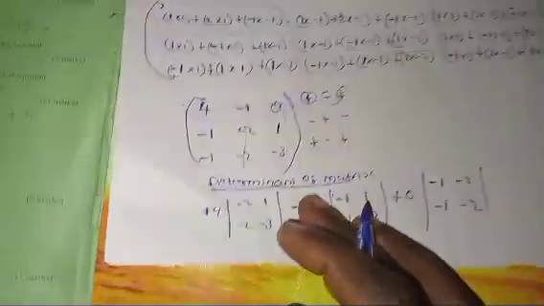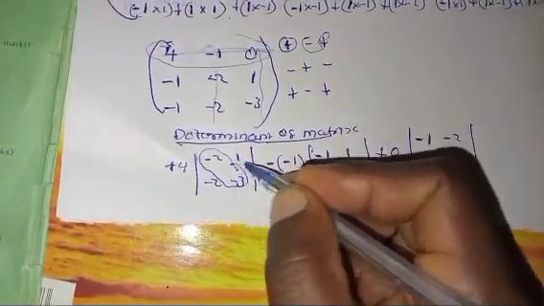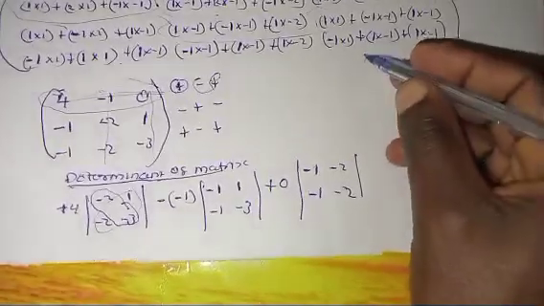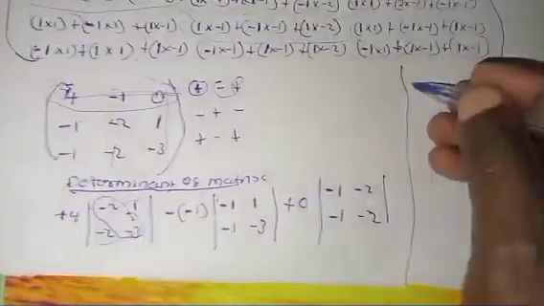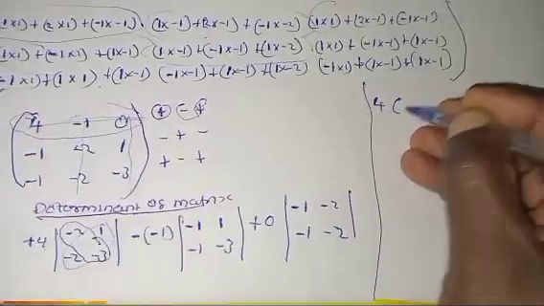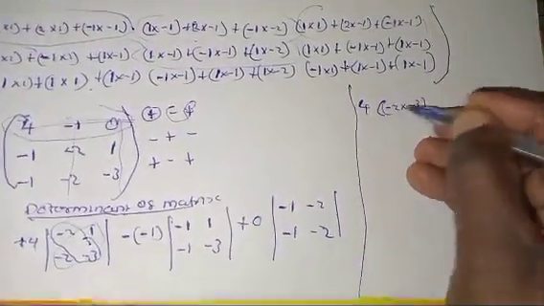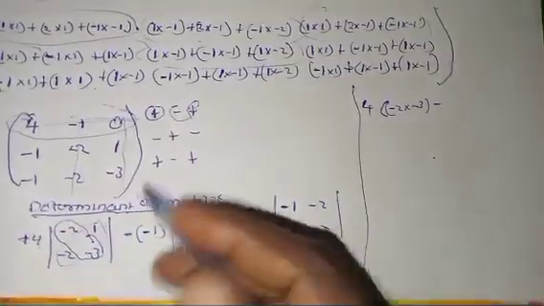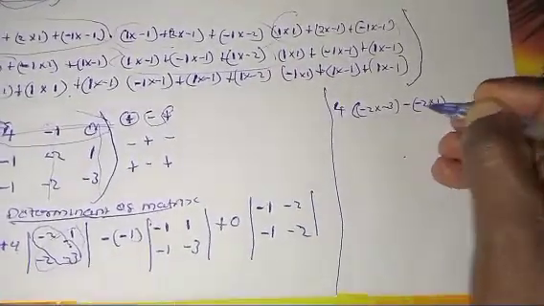Then what do you do? You multiply this minus this. So what am I saying? Like here, you see 4 into bracket, -2 times -3 minus -2 times 1.